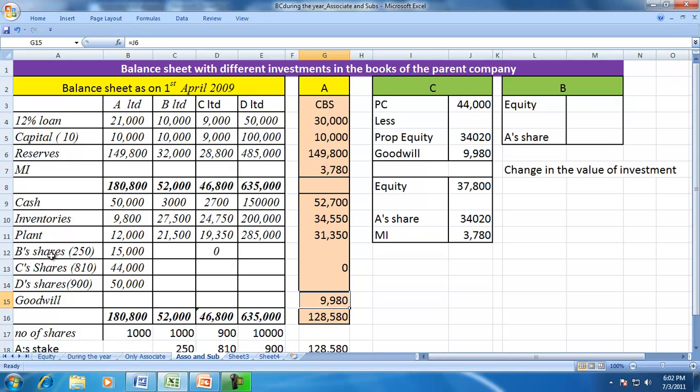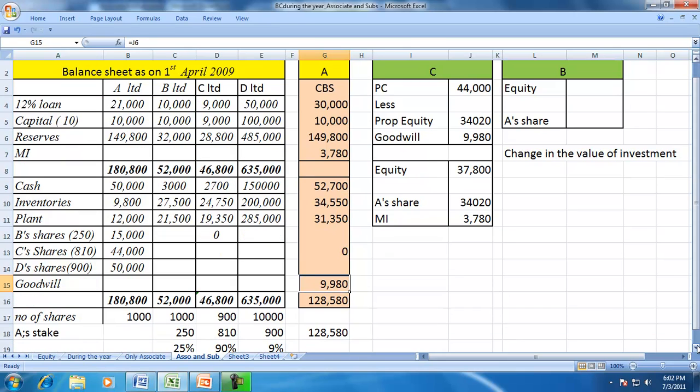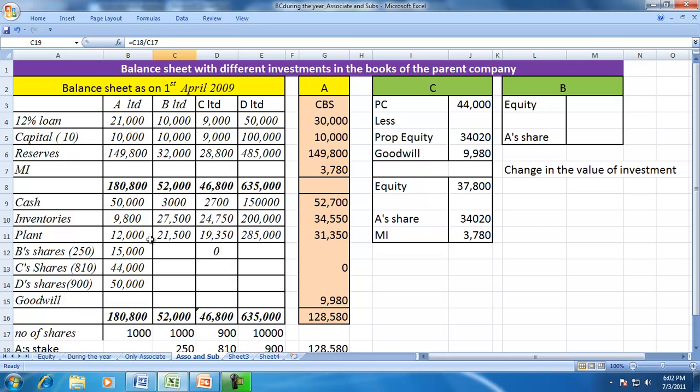Now let us see what happened to the B share. A's investment in B is only to the extent of 25%. So therefore B is an associate, so A has to follow the equity method of accounting.